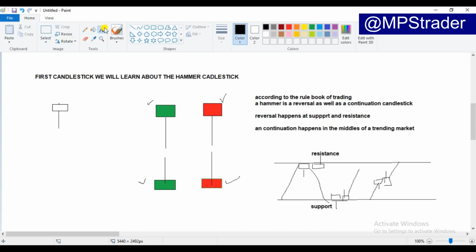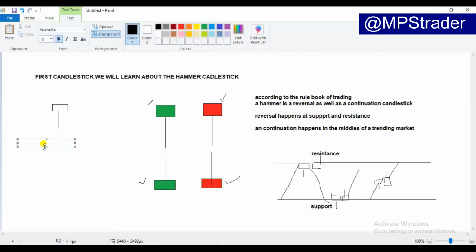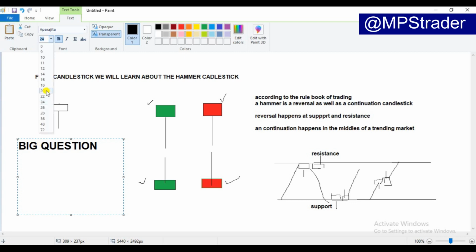So does it actually work? The big question in trading, right? Does the hammer actually work?